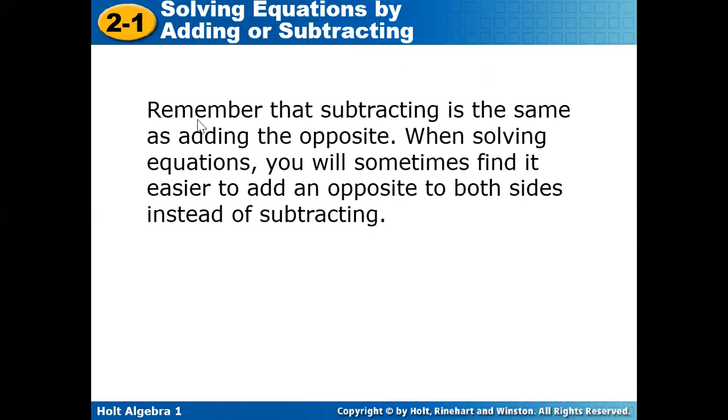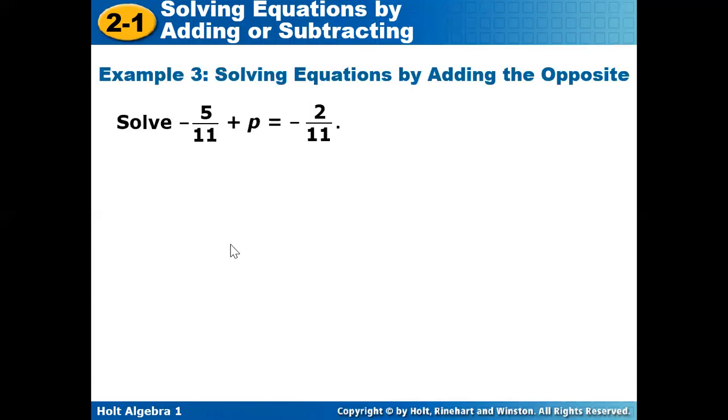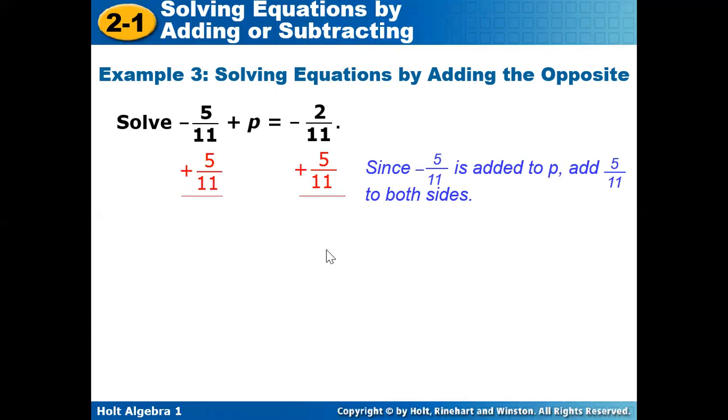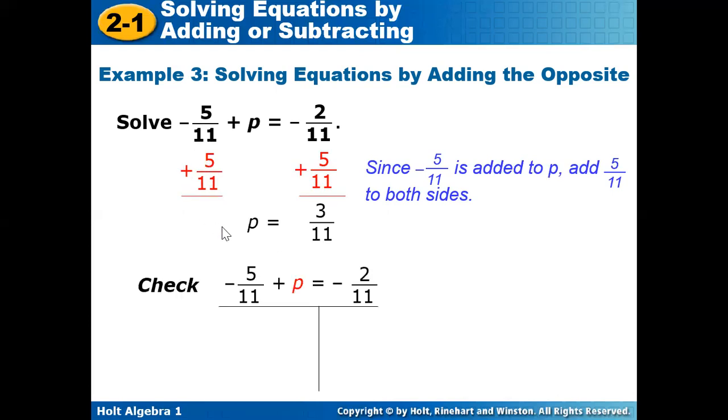So, as we talked about also, when you subtract something, you're adding the opposite. So you have a negative number here, and so you are adding a negative number to p. Since it's negative, we're going to do the opposite once again. So we're going to add 5/11 to both sides of the equation.